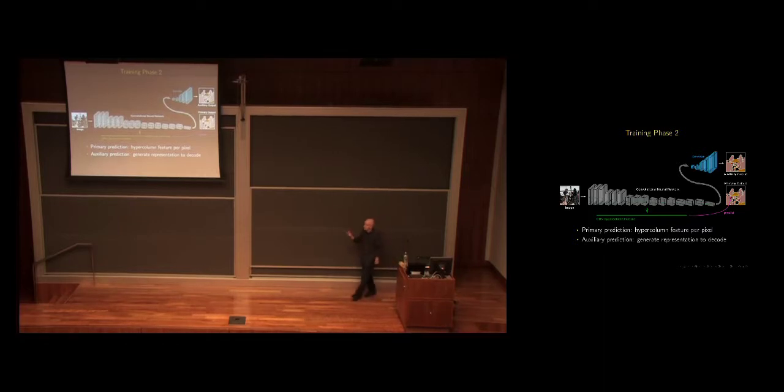So you can think of this as an additional constraint. The convolutional neural network is free to use whatever strategy and representations it wants for the hypercolumn predictions, but it also has to produce some abstract representation that is compatible with the input of the decoder for producing the labels as output. So we're going to backpropagate through both of these paths.